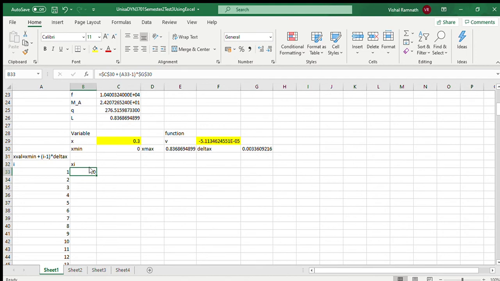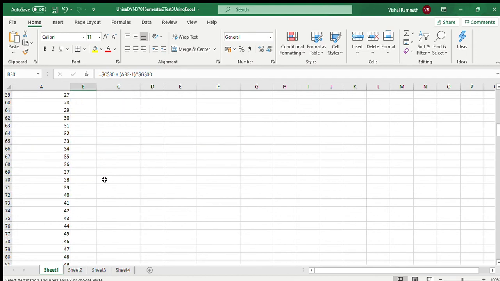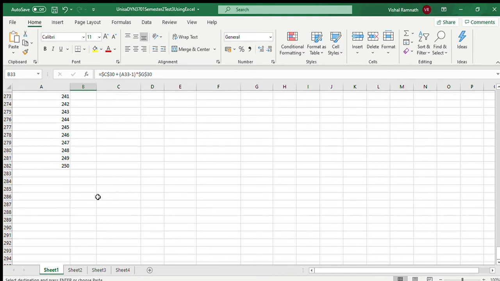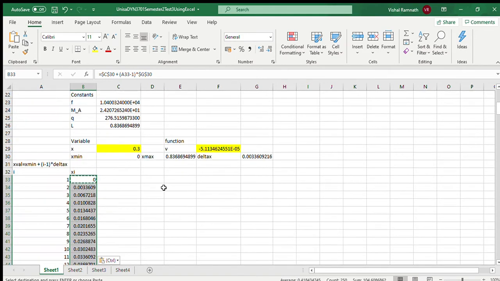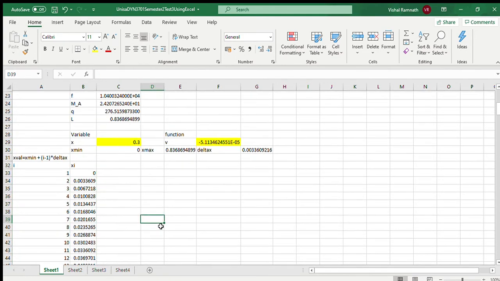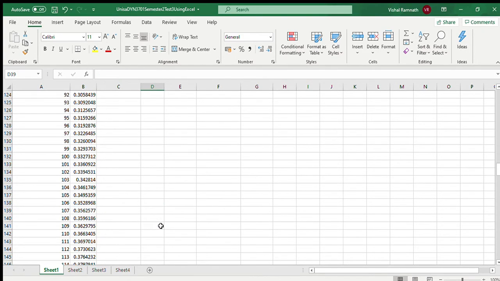Click on it, right click on it, copy it, increment all the way to the maximum values, shift enter and paste. And that is all the x's from 0 all the way to whatever the value of L was, 0.8368695.